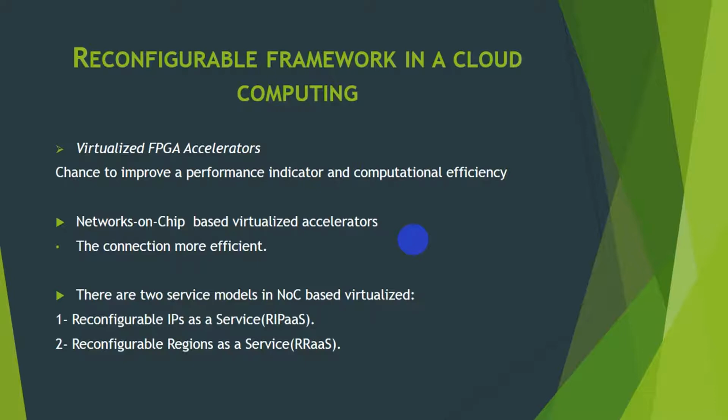When the accelerator is found, the cloud provider forwards it to the user. But if the accelerator isn't available, the cloud provider will reconfigure the accelerator, then send it back to the user. The accelerator will be reconfigured using a bit stream.